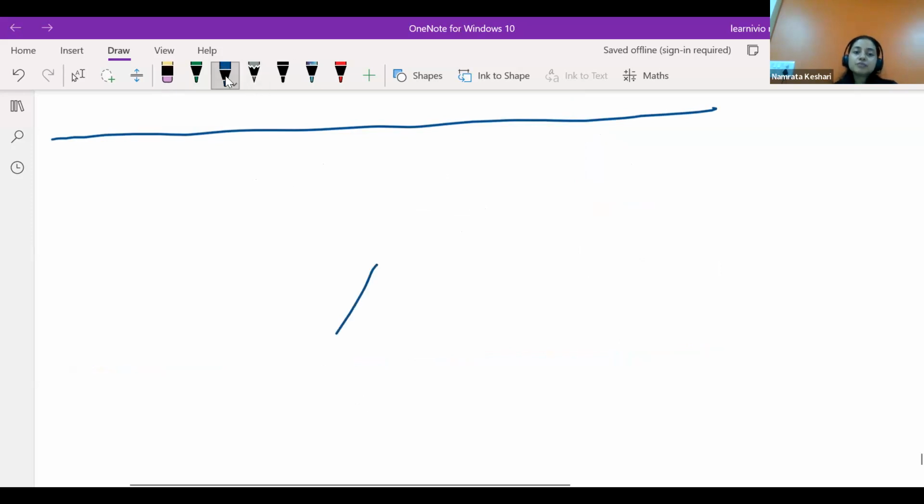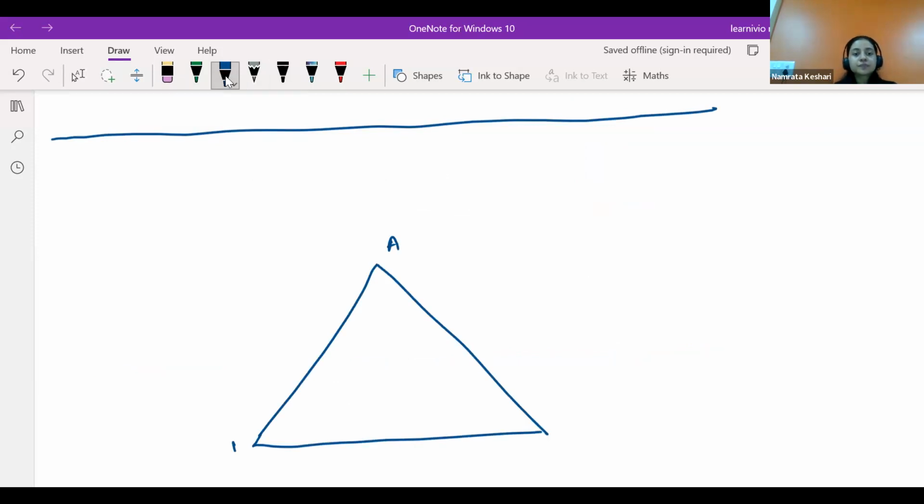If I have drawn the triangle like this, we have dropped the perpendicular from this. Now regarding the area of the triangle, you are also aware of the area of the triangle concept.